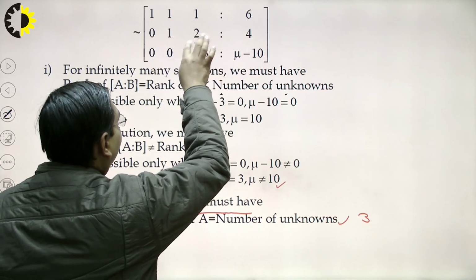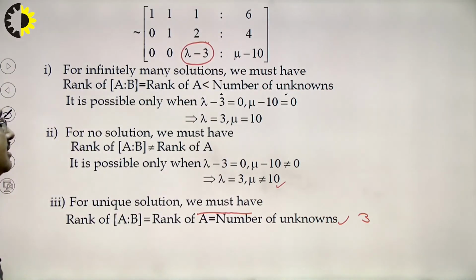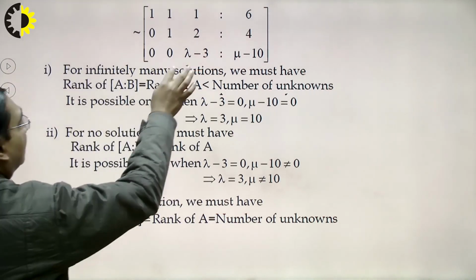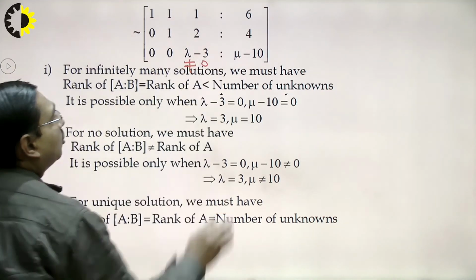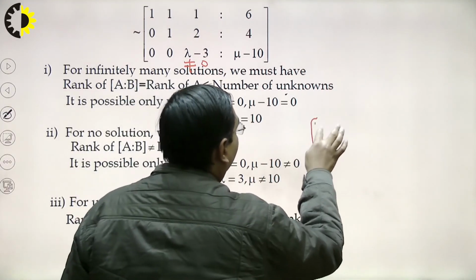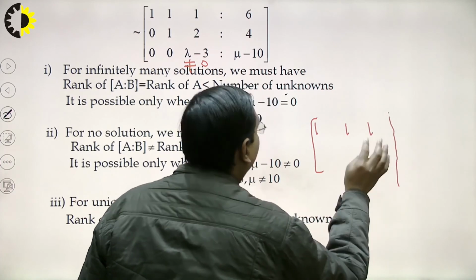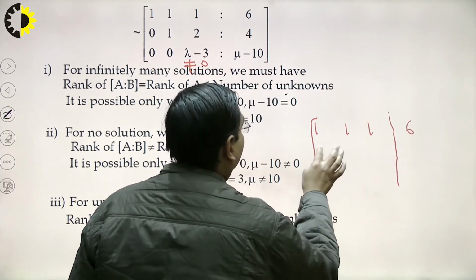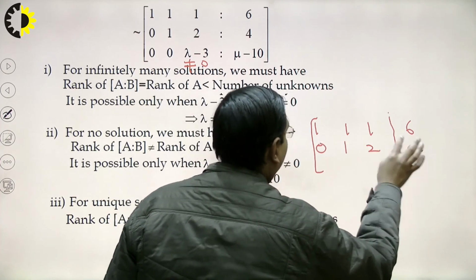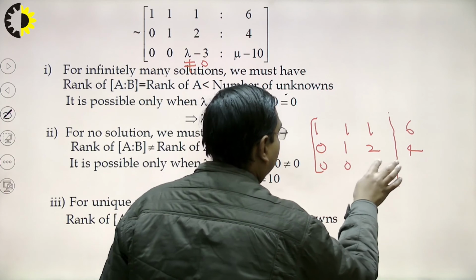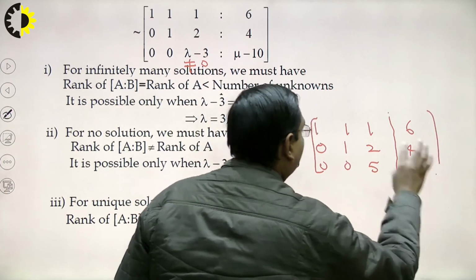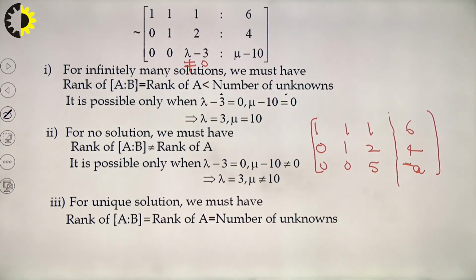For this, we can see that this element is different from 0. If this element is non-zero, then the matrix will look something like this.